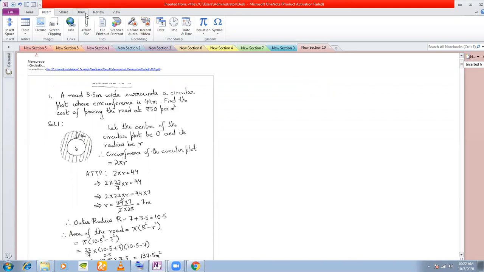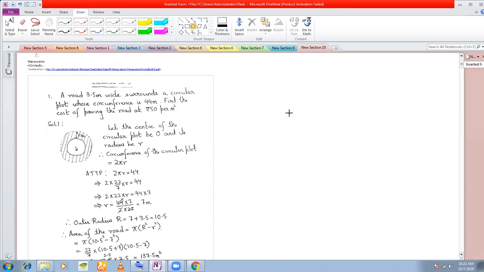So you have a circular plot, and around this circular plot a road has to be paved, which should be of width 3.5 meters. Your road should look something like this.